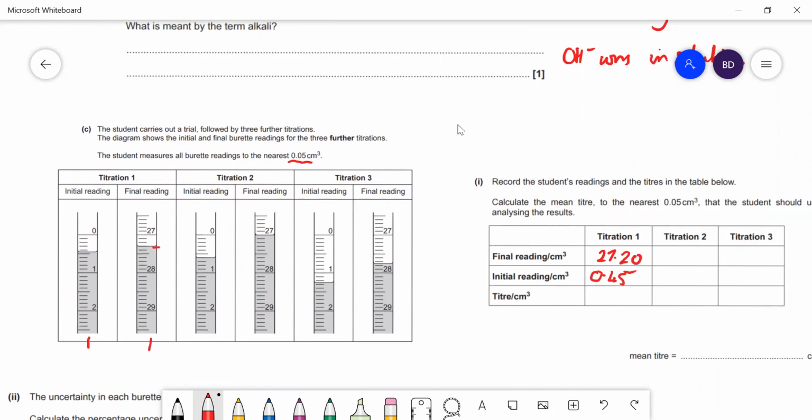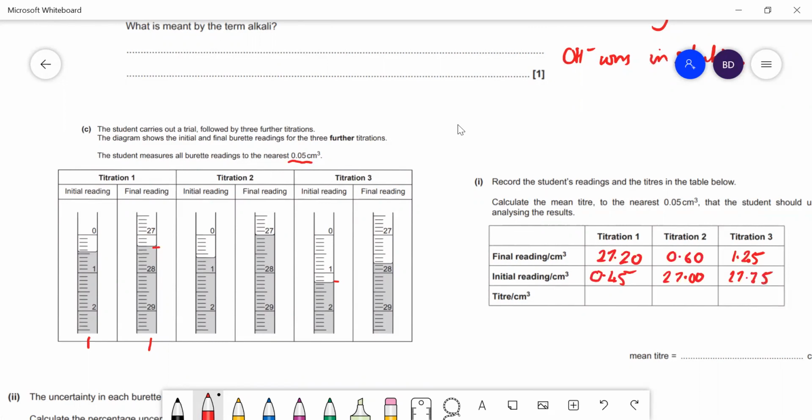Titration 2, well, that starts off at 0.60 and finishes at 27.00. Titration 3, well, that's a bit more than 1, bit less than 2, so 1.25. And finally, that is going to be 27.75.